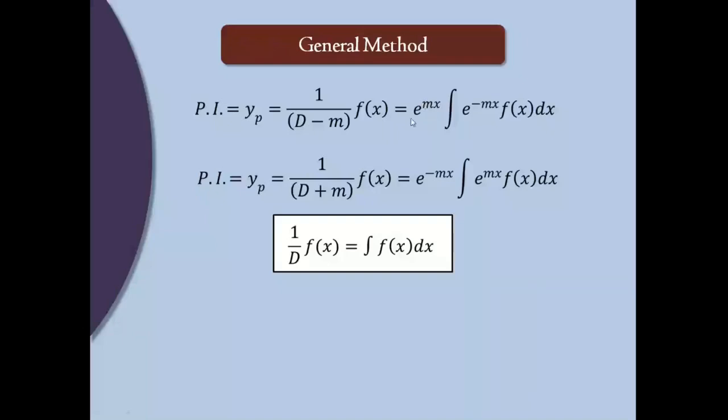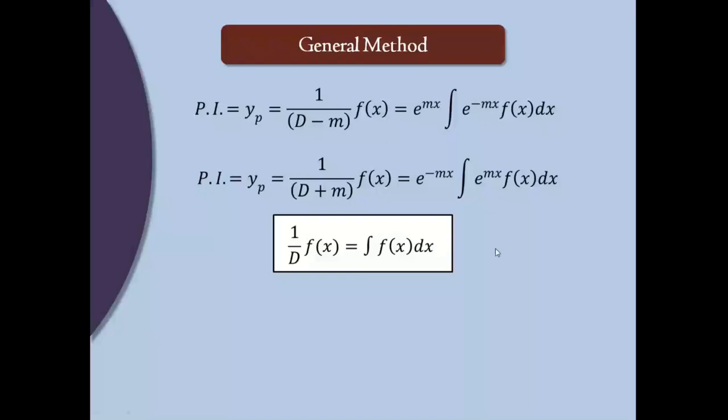It becomes 1 integral 1 into f of x dx, that is integral f of x dx. Last time we saw that D stands for derivative, and 1 by D stands for integration. Integration is nothing but antiderivative; the opposite of derivative is integration. So if D is there, it is a derivative; if 1 by D is there, it is the integration of the function.